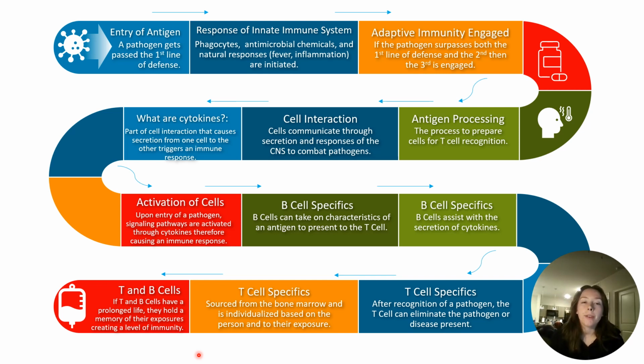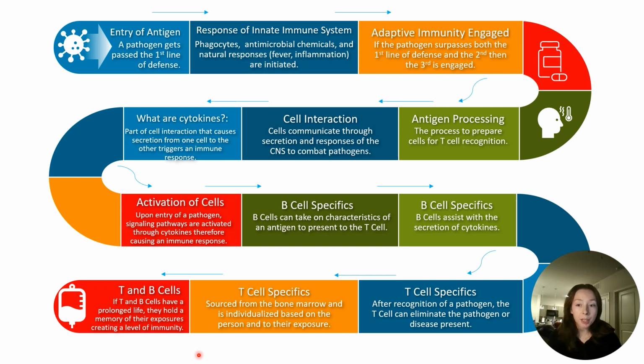That's going to include phagocytes, antimicrobial chemicals, and natural responses. You could potentially have a fever or inflammation, or symptoms like sneezing or fatigue. All of that is initiated to help combat that pathogen that's entered our body.